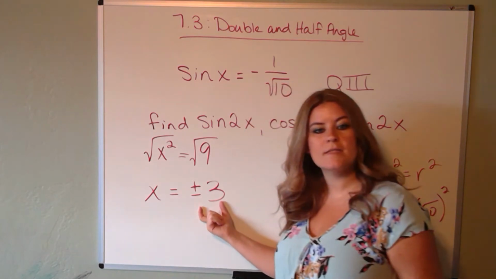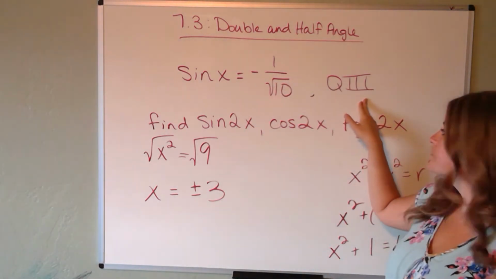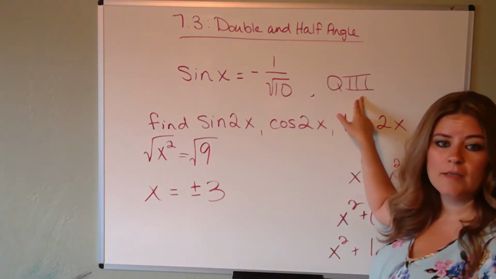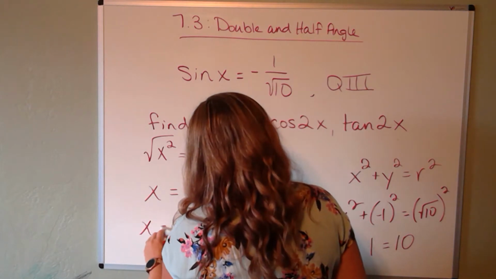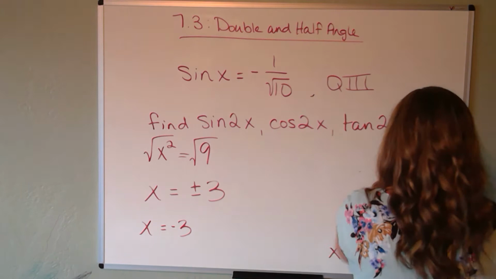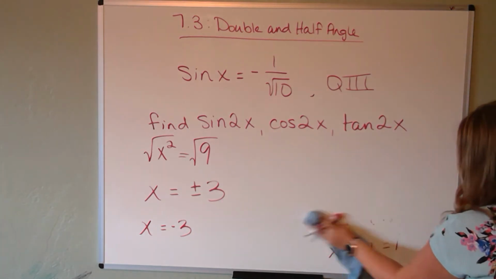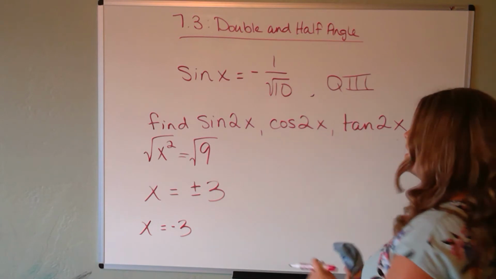How do I know if x is plus 3 or minus 3? You guys, that's why we know the quadrant. We're in quadrant 3. x there is negative. So, x is -3. Alright, so y is -1, x is -3, r is root 10.